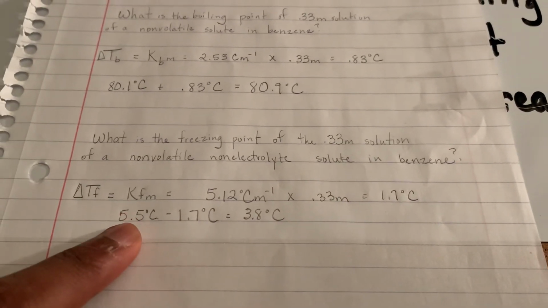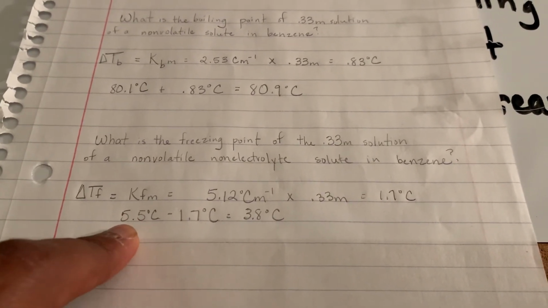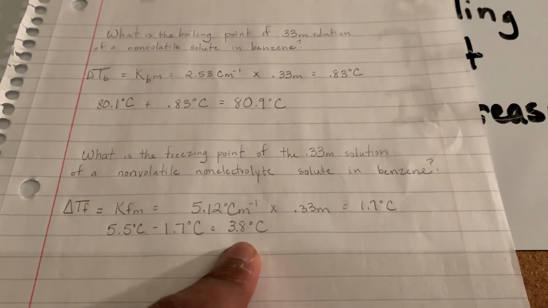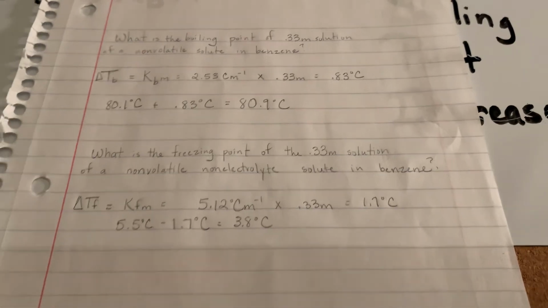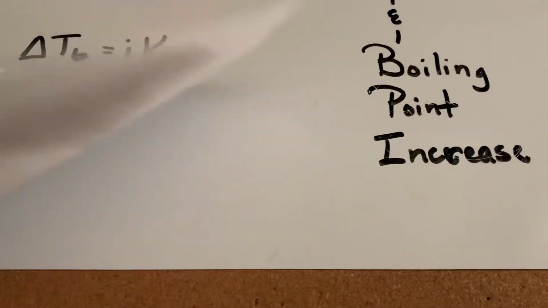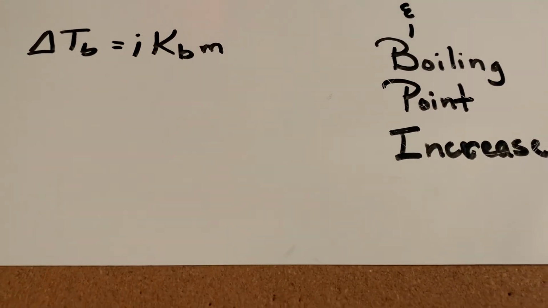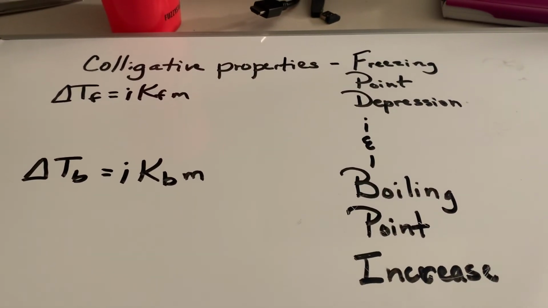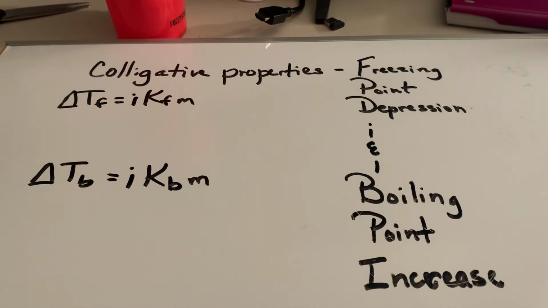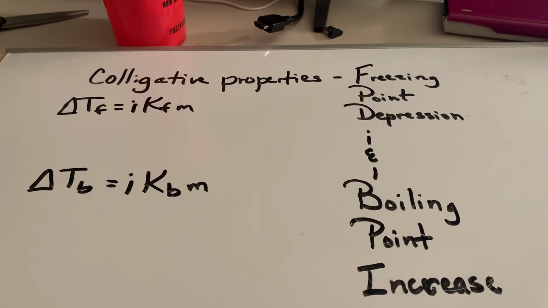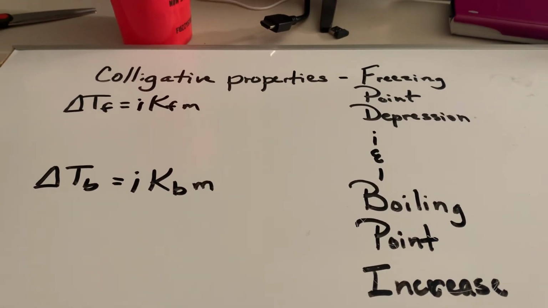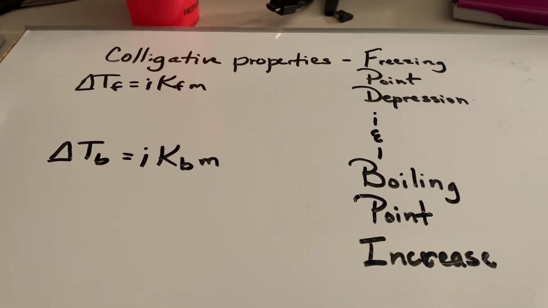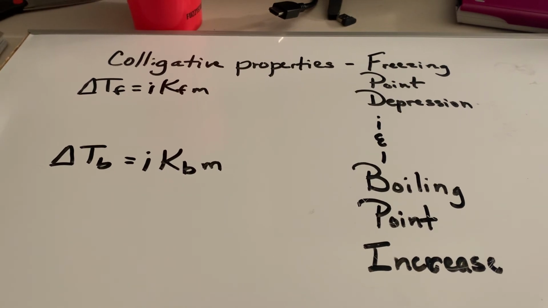Our original freezing point is 5.5 degrees Celsius, so we would need to subtract that to see our new freezing point. You can see freezing point depression very evidently, like I said earlier, in icing the roads and trying to get that freezing point lower.